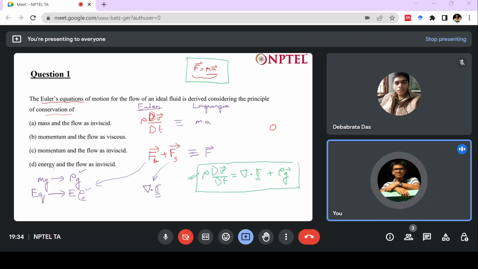If it is a two-dimensional motion, we will have two equations. These are called Cauchy's equations of motion. Use the s here: equations of motion. Okay. Now let me add a page after this.